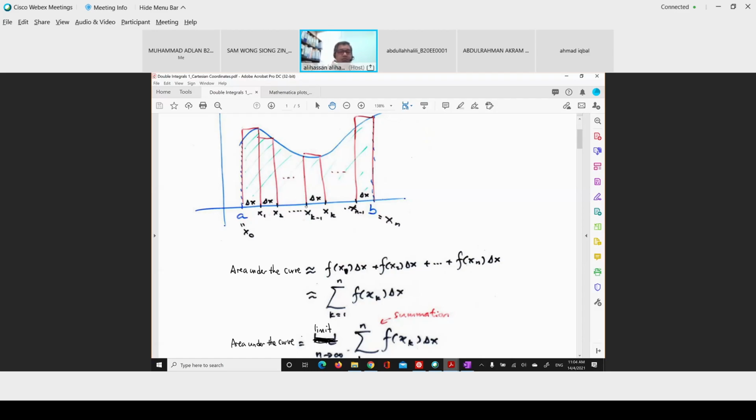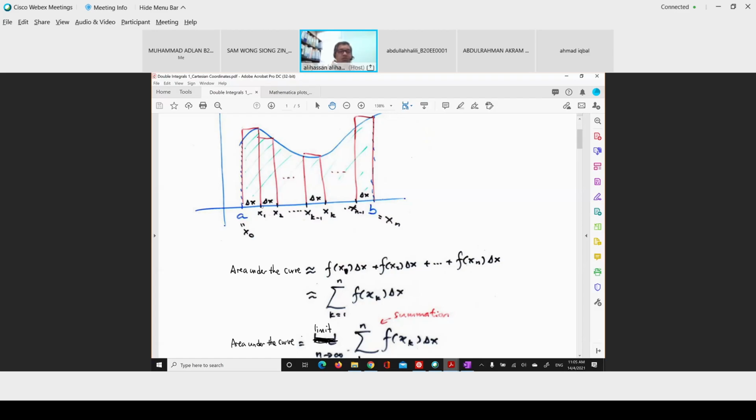So this diagram shows the interval a to b is divided into n sub-intervals. The first sub-interval is a to x1. The second sub-interval is x1 to x2, and so on until the end. Let's say the kth interval is the interval xk minus 1 up to xk.